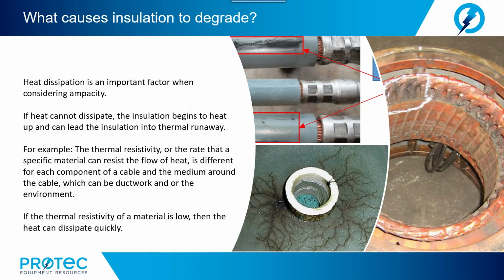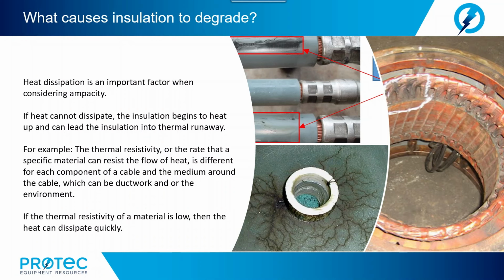Now, continuing on the subject of heat stress, heat dissipation is an important factor when considering ampacity. If heat cannot dissipate, the insulation begins to heat up and can lead the insulation into thermal runaway.